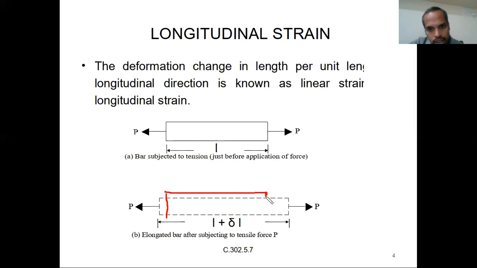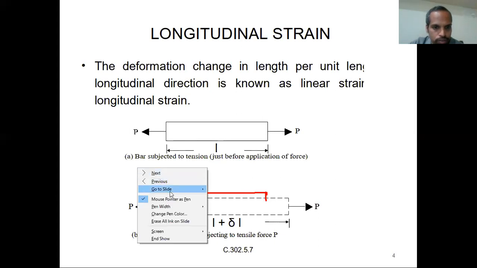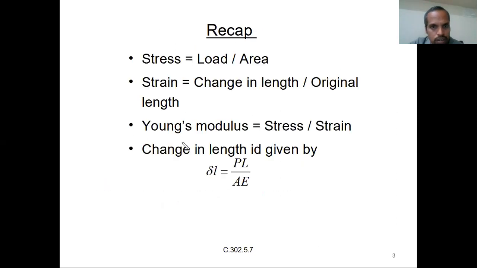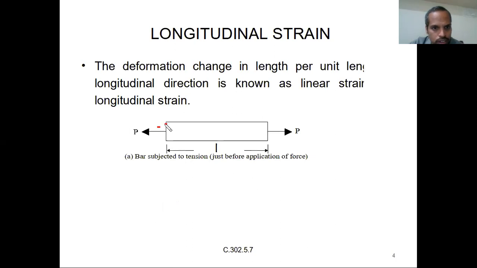If this is increased, then both sides increase simultaneously like this.